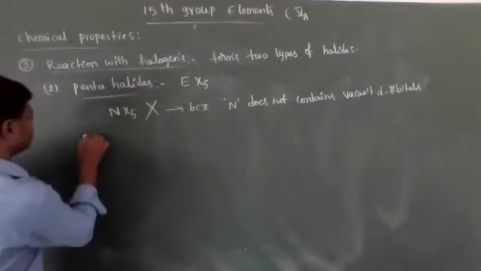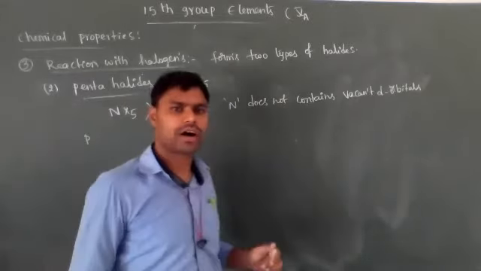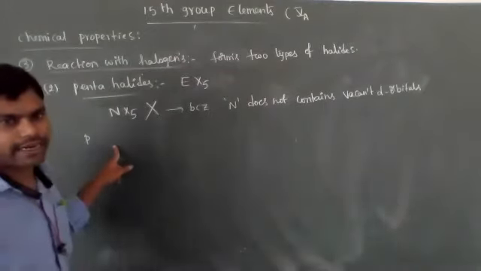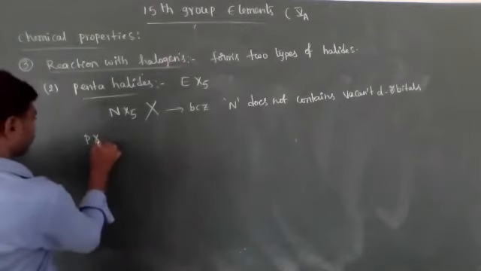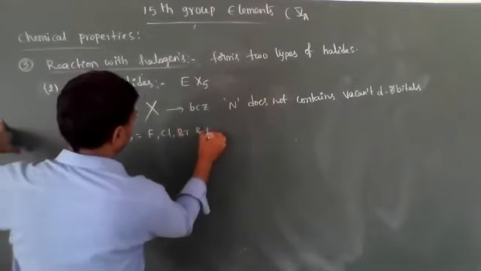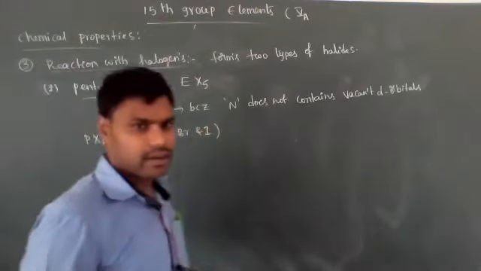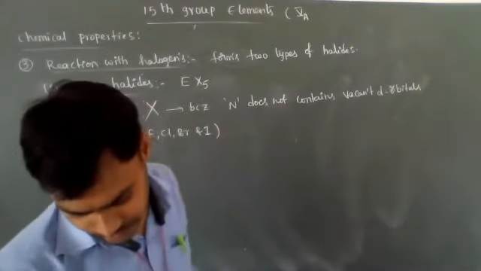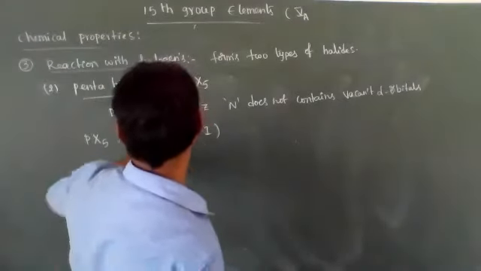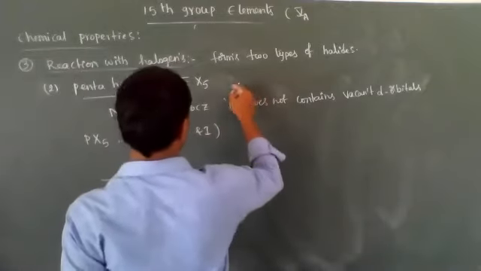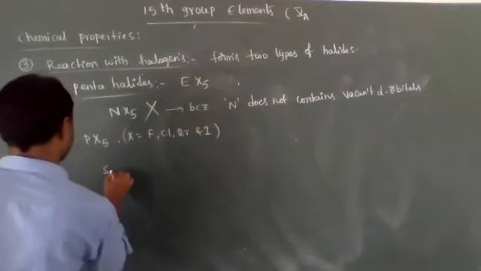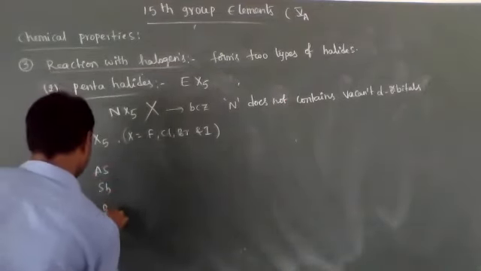Now come to phosphorus. Phosphorus can form all types of halides: pentafluoride, pentachloride, pentabromide, and pentaiodide. PX5, where X is fluorine, chlorine, bromine, and iodine, exists. Next, nitrogen, phosphorus, arsenic, antimony, and bismuth.